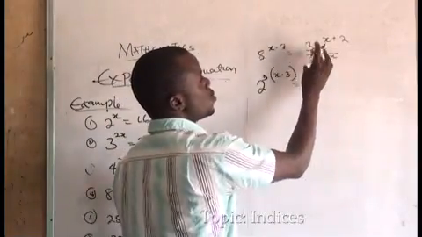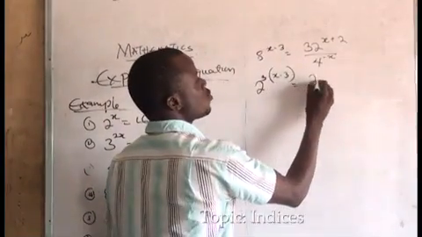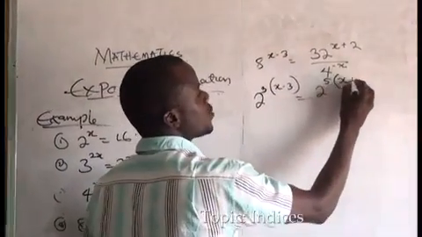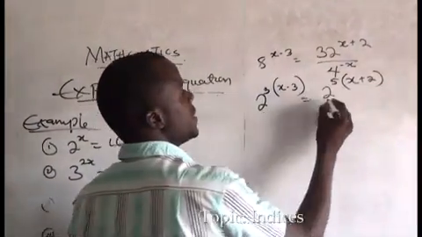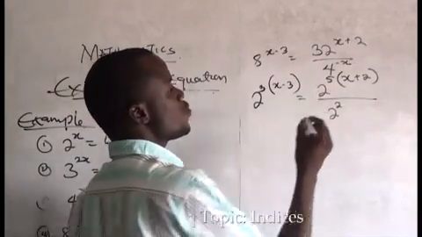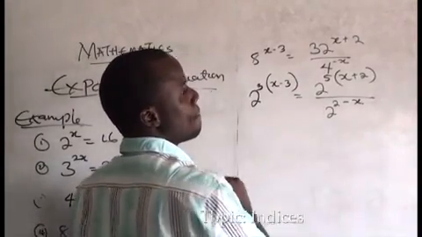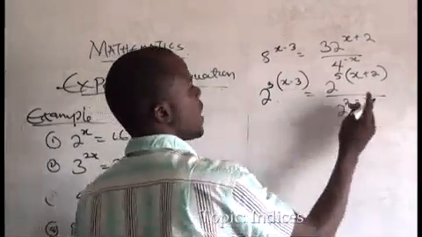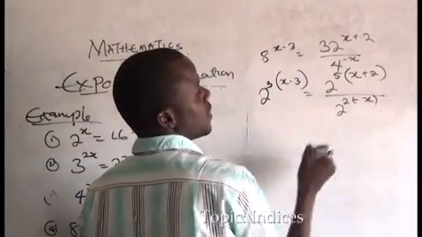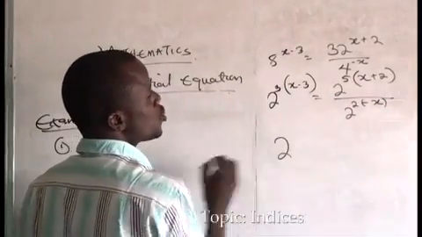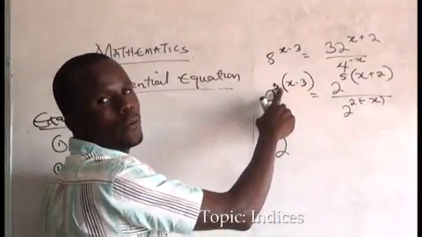This equals 32, which is the same as 2 to the power of 5. Then we put x plus 2 in a bracket. Then divide by 2 to the power of 2, that is 4, then to the power of minus x. That is, we multiply it by minus x. So now here we say 2 to the power of, and we open the bracket.